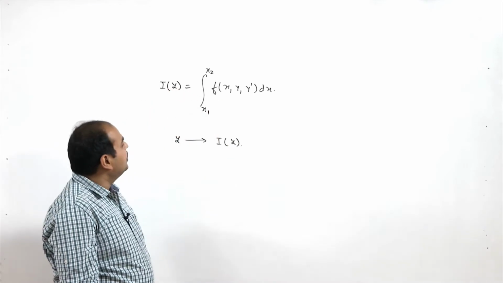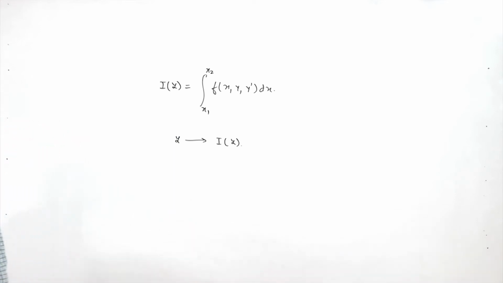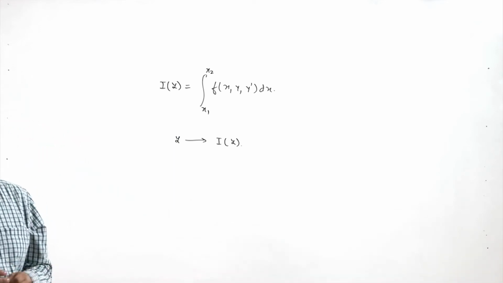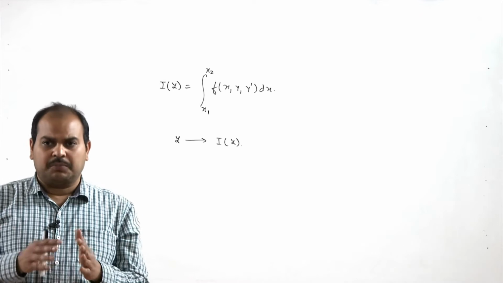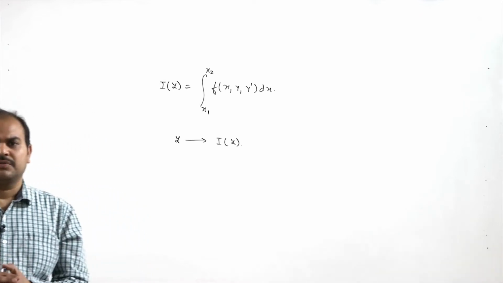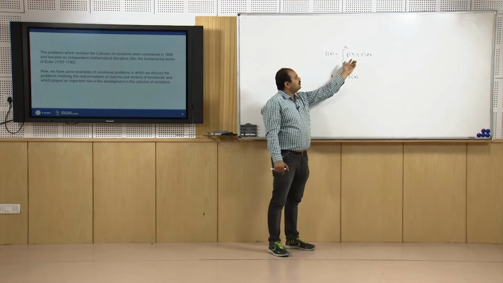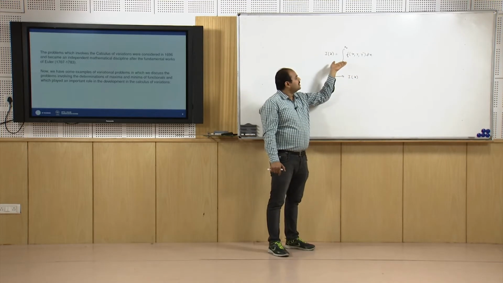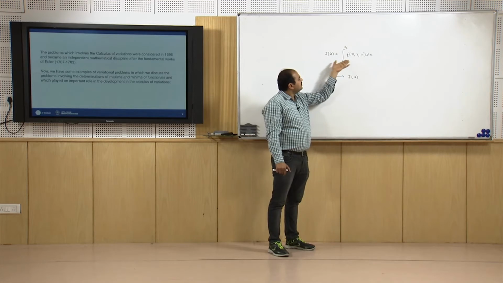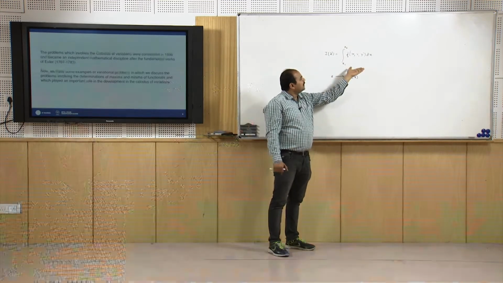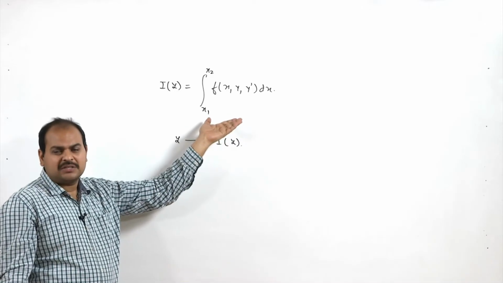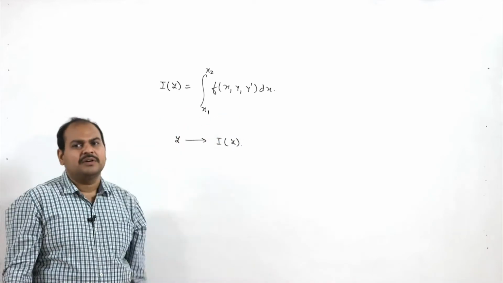This is the concept termed as a functional, and we have seen that the calculus of variation is a particular branch of calculus of functionals, in which we discuss the method to find the extremum and extremum values of these kinds of functionals.